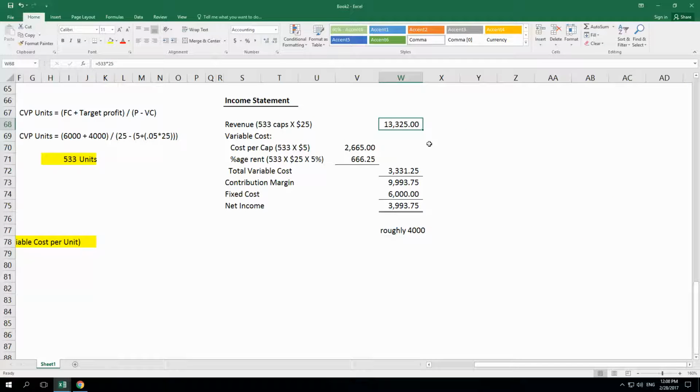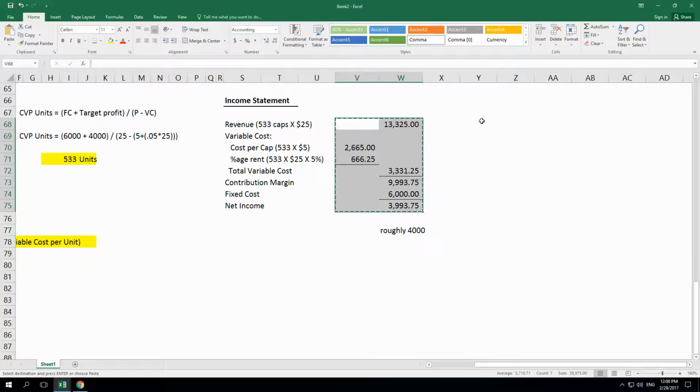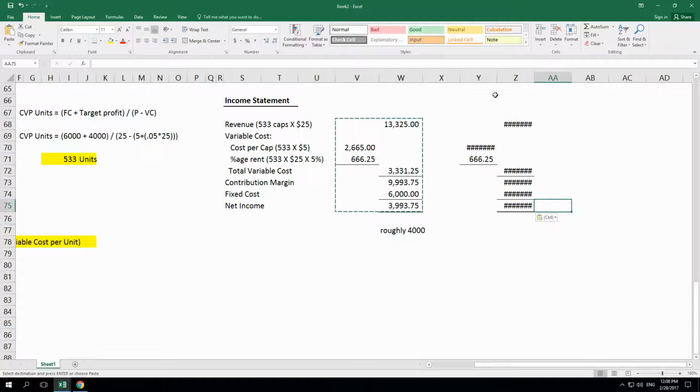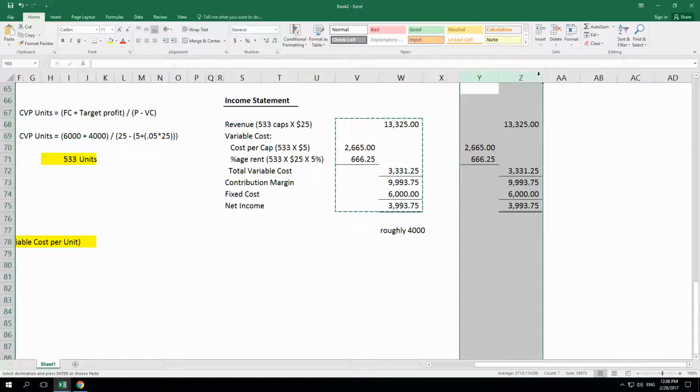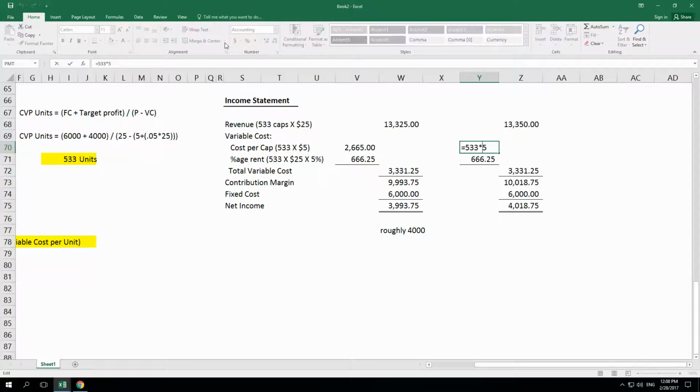Because that takes you up to a, we're going to plug in 534 now. Yeah, you're already over the 4,000 once you get to 534.